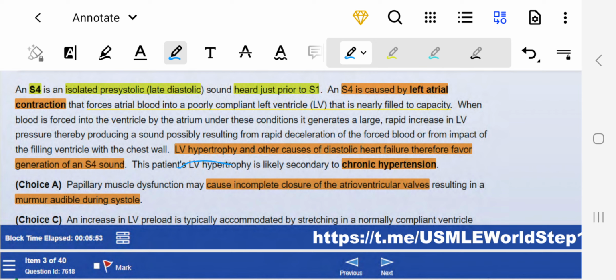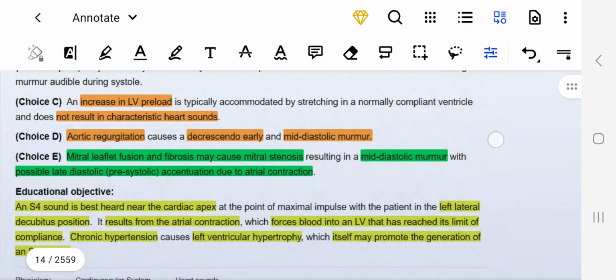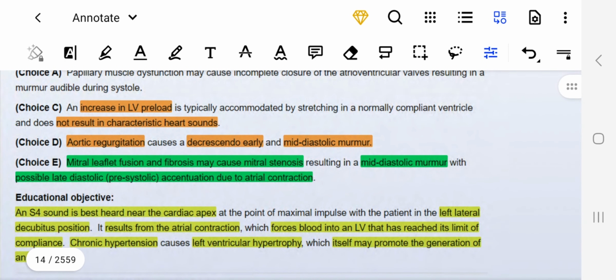In this patient, left ventricular hypertrophy is likely secondary to chronic hypertension, as I talked about earlier. Option A causes incomplete closure of the AV valves, a murmur audible during systole. Option C, an increase in left ventricular preload, does not result in a characteristic heart sound.